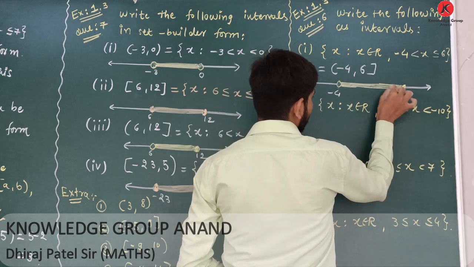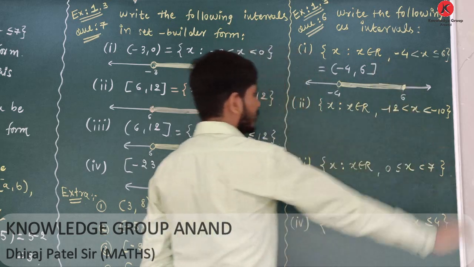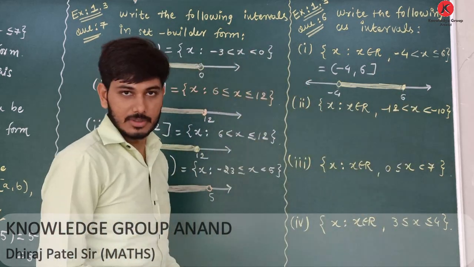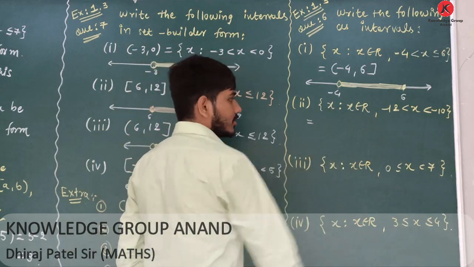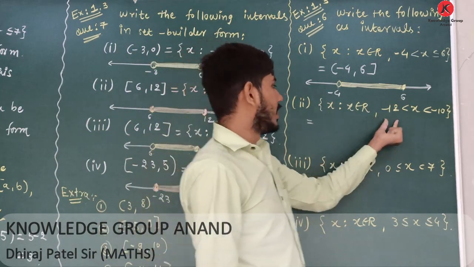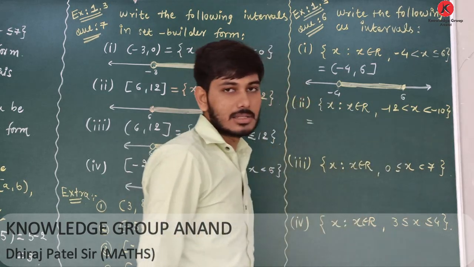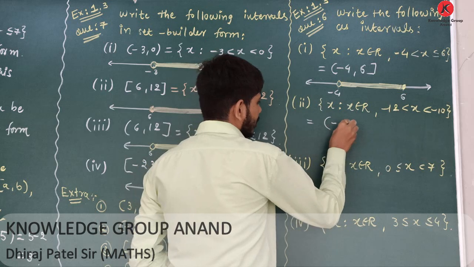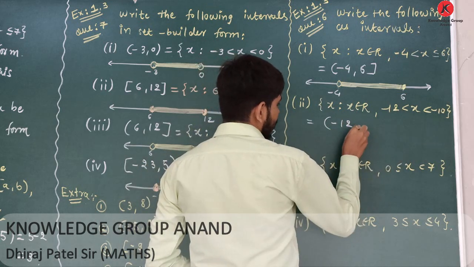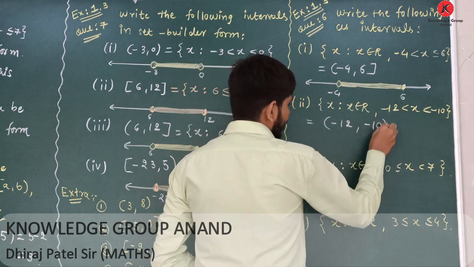So this one is the representation of this interval on the number line. Okay, next one, question number 2. x such that x belongs to R, -12 < x < -10. You can write in interval form -12 to -10.